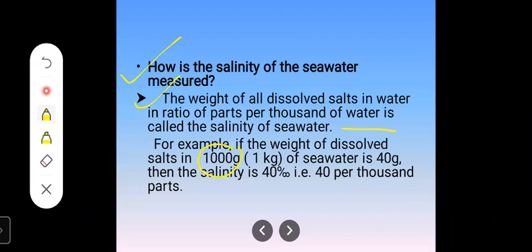In that one container, we have mixed 100 grams salt. But here also, the dissolved salt is what? 1000 gram, means 1 kg of seawater. And it comes with 40 gram. Then the salinity is 40 per 1000 parts. So in this way, the salinity of the seawater is being measured.